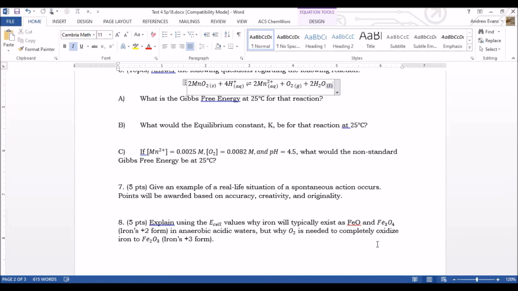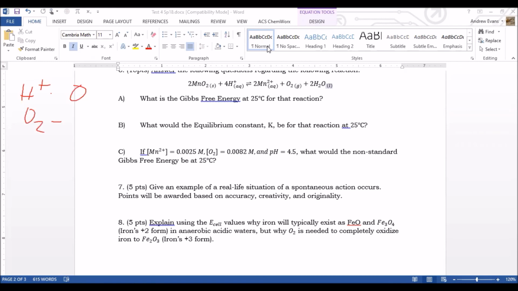So let's look these up. Delta G of H plus, I do believe, is 0. I'm going to double check, but I do believe that is 0. We set this one as 0. So H plus, go back to annotation mode. H plus delta G is 0.